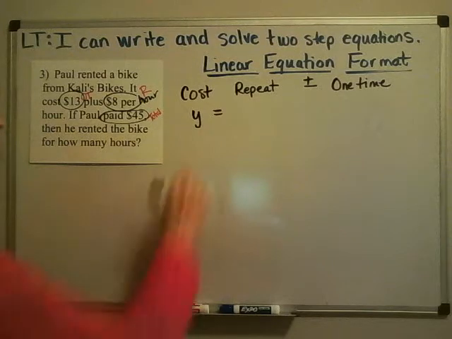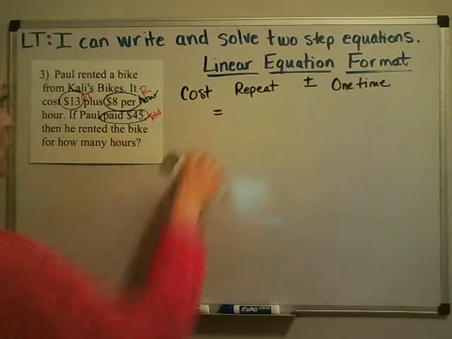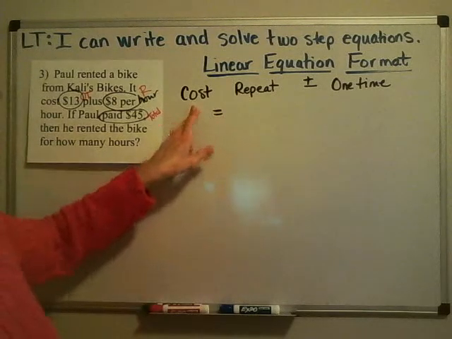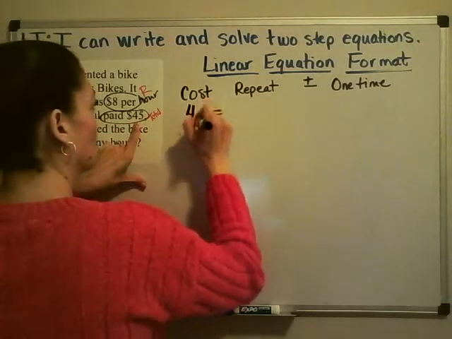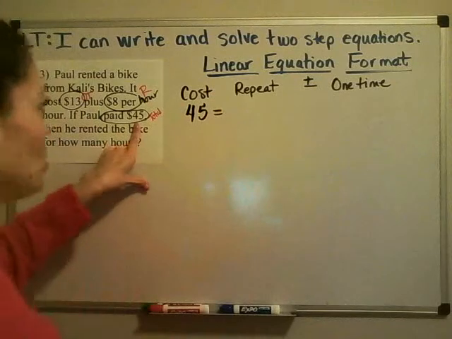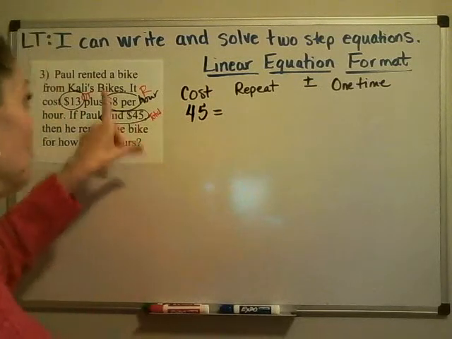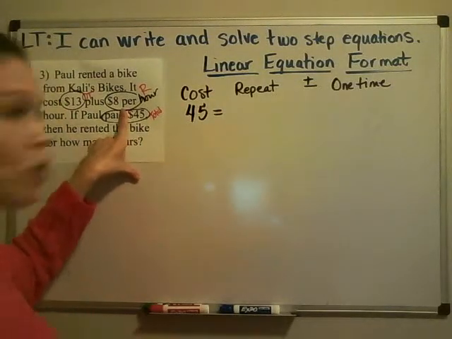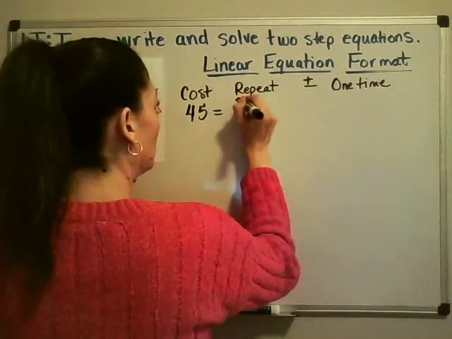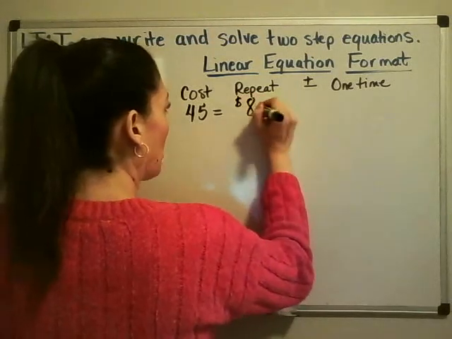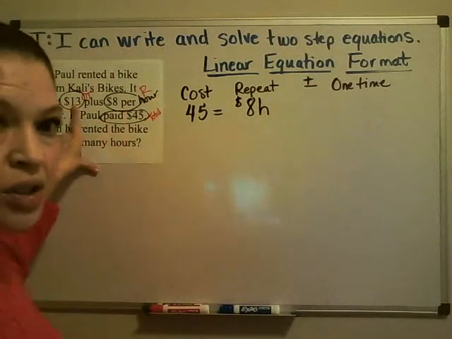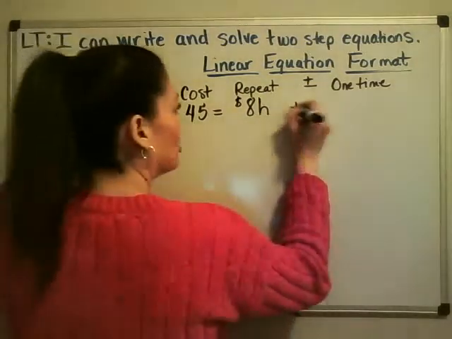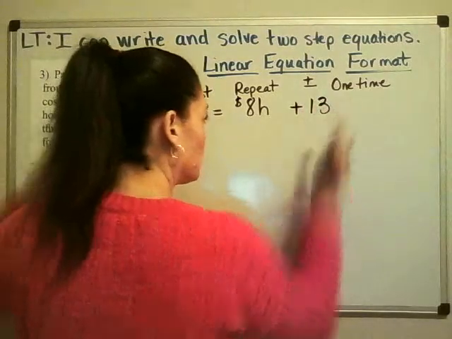Do we have the cost? Actually, I don't even need that. Our cost is that Paul paid $45. The repeating value is $8 per hour. So I'm going to say $8 times H per hour. Plus, he has to pay a $13 fee. Plus 13.